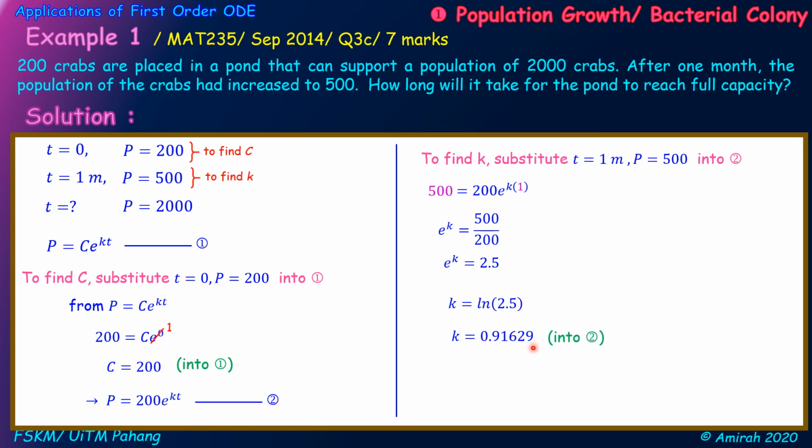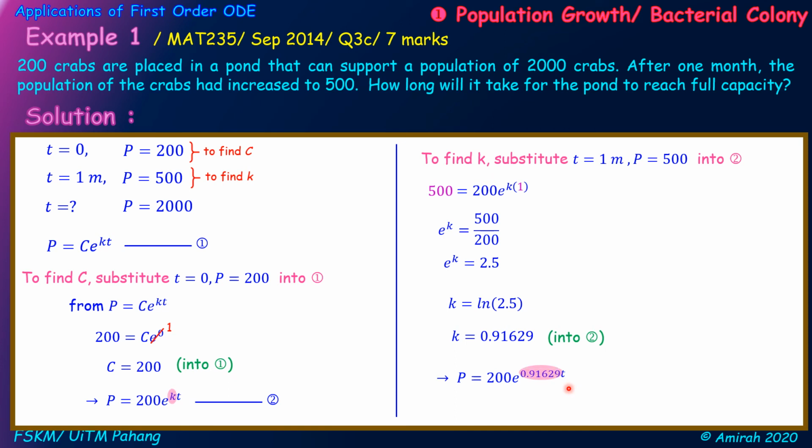And after that, we substitute the value of k into equation 2. So we have population P equals 200 e to the power of 0.91629 times t.